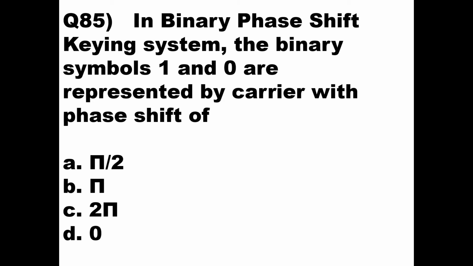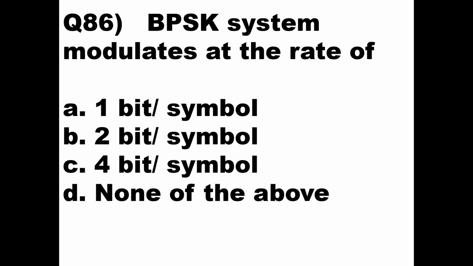So for symbol 1 and symbol 0, the phase difference between the two waves will be 180 degree, which in radians is pi. So option B, pi.